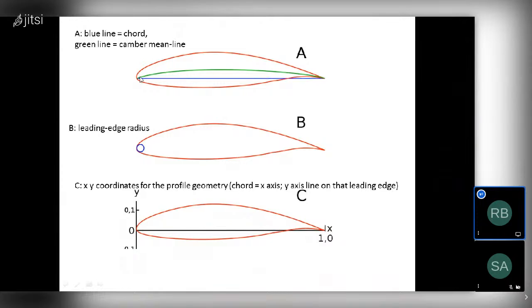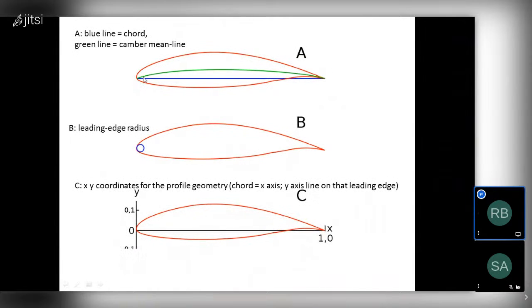If I cut along this chord line, I'll also get two parts, but the upper surface's size and overall area will be more as compared to the lower surface.